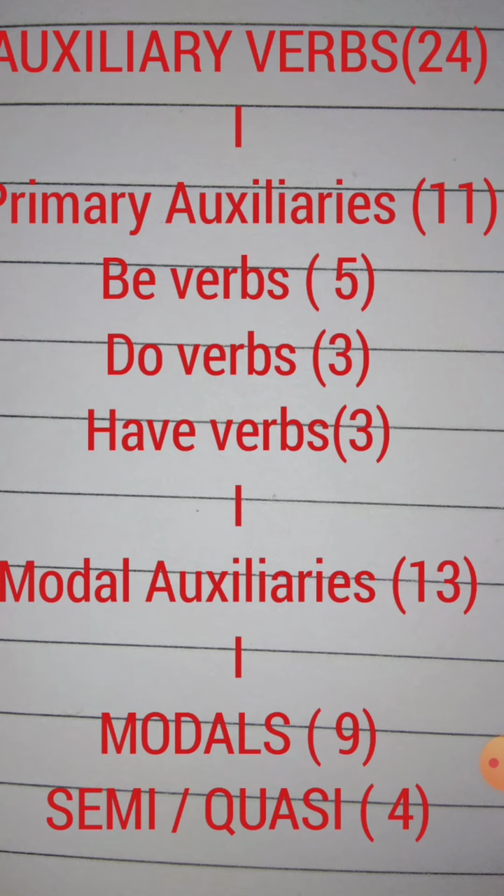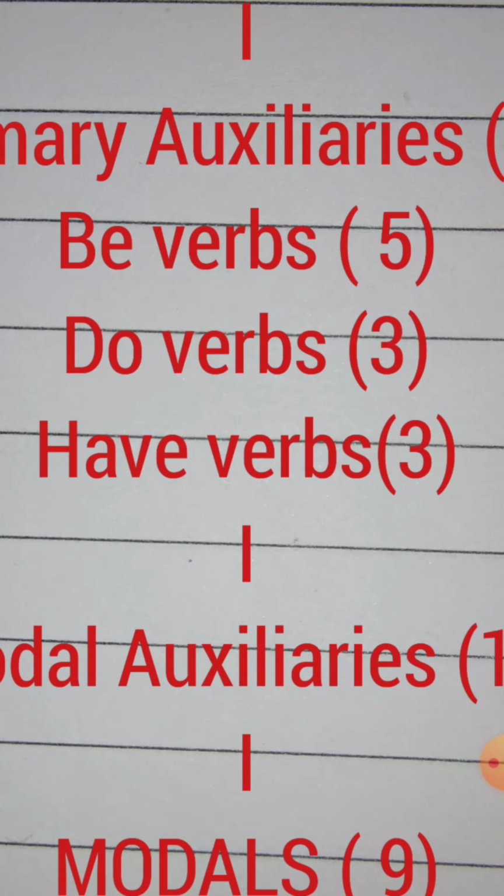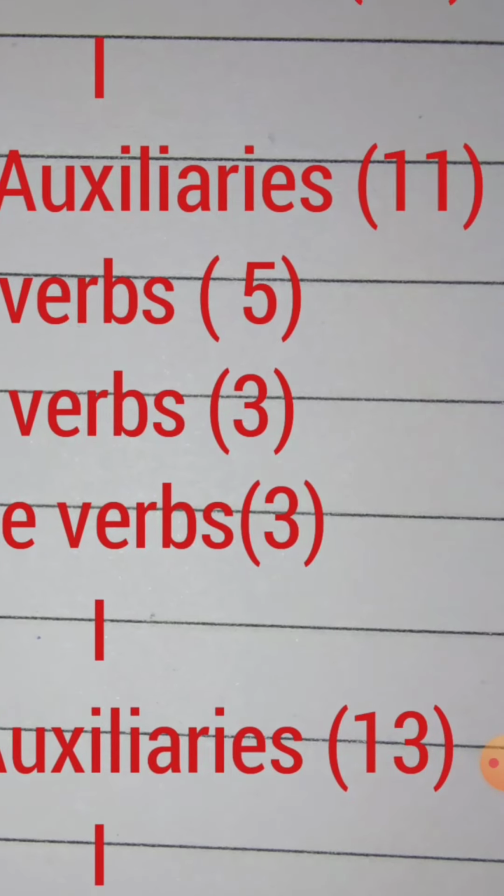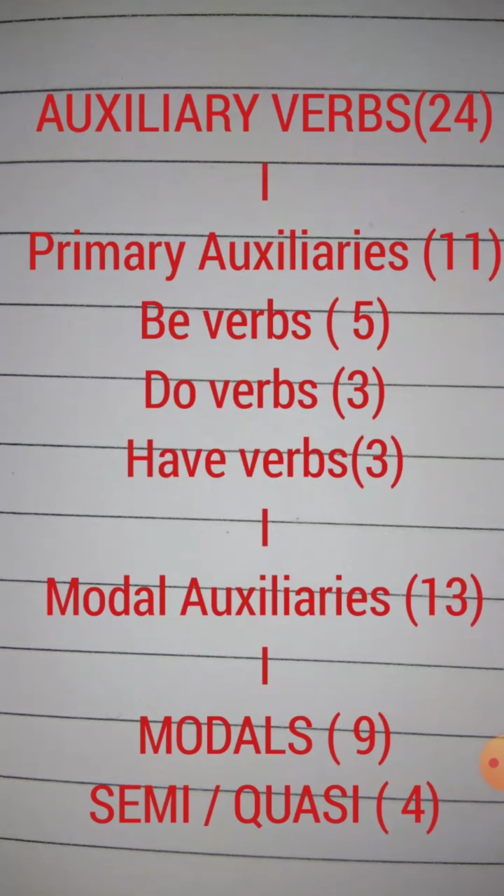Be verbs have five: is, am, are, was, were. Do verbs have three: do, does and did. Have verbs: has, have and had. So totally primary auxiliaries are 11.